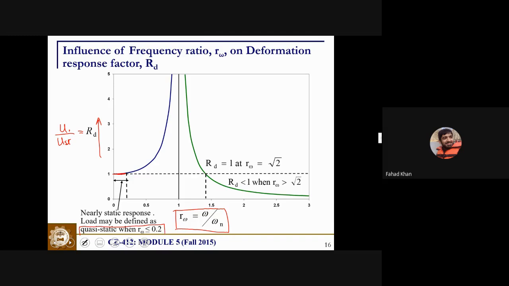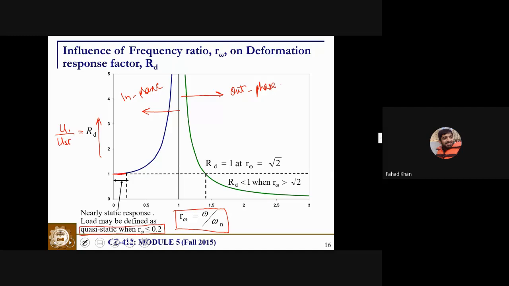Quasi-static means that it really is not static, but it appears to the structure that it is static. Now all the values of r omega on the left hand side of 1 show the in-phase displacements, and all the values on the opposite side show that these are out of phase displacements.